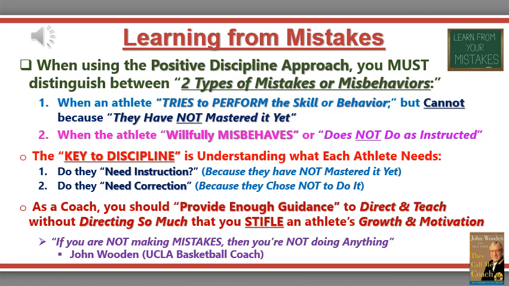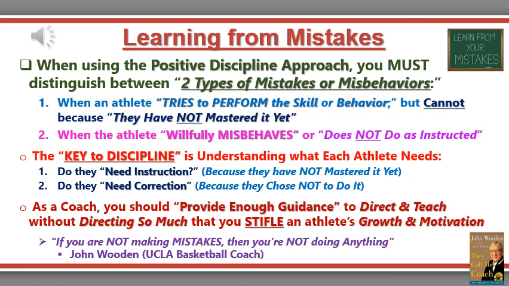So the key to determining if you need to provide discipline or re-instruction, either one should have re-instruction, but where the focus is going to be is, do you need to provide more instruction and focus solely on that because they haven't mastered the skill yet?